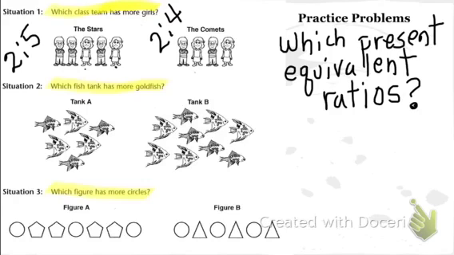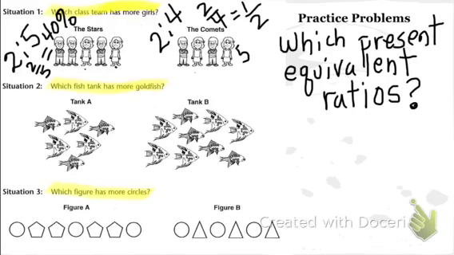If we do 2 to 4, that equals 1 to 2, which is a half, and 2 to 5 is 2 over 5, which is 40%. Whereas half is 50%, and we know that 50% is more than 40%.